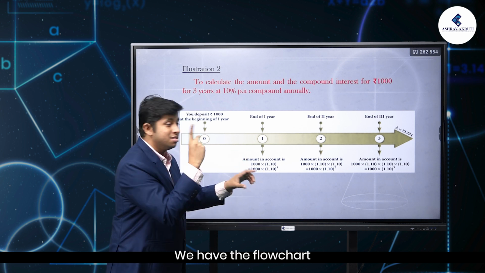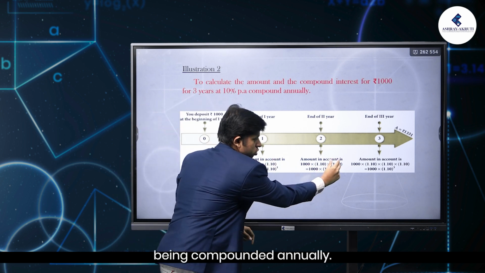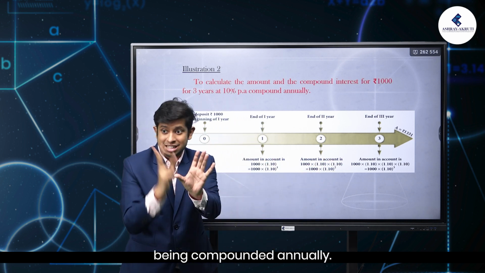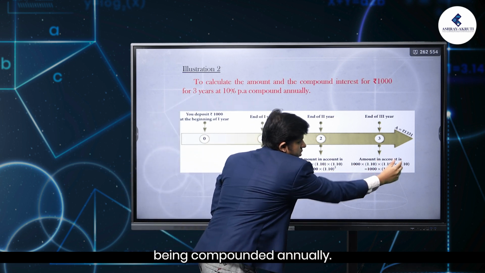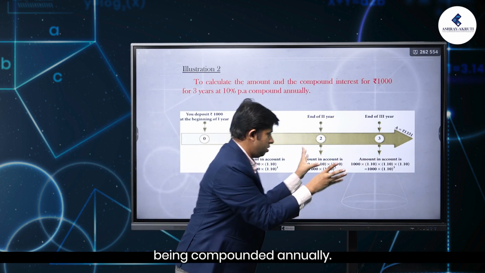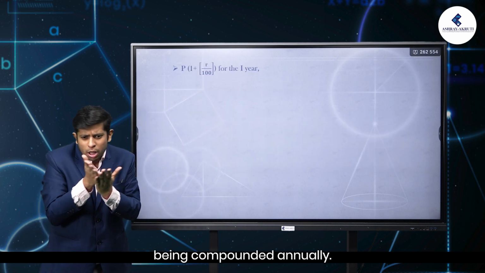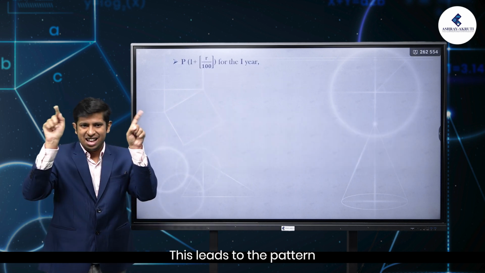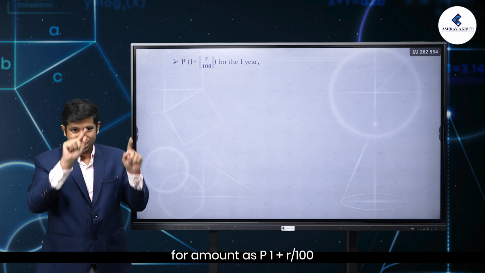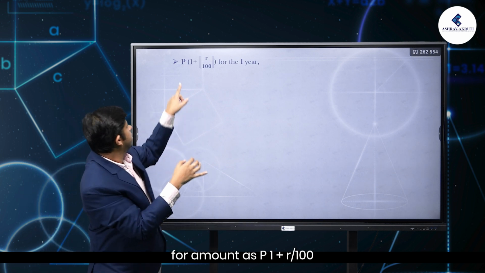We have the flow chart showing 10% interest being compounded annually. This leads to the pattern for amount as P into 1 plus R by 100 for the first year.